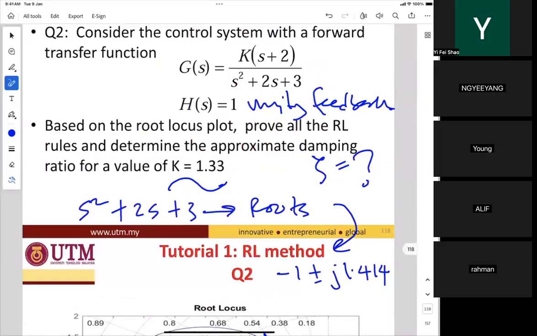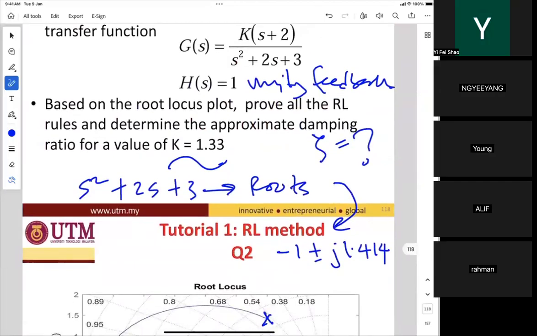The model is given, G(S) open loop with unity feedback, and the root locus plot is given.